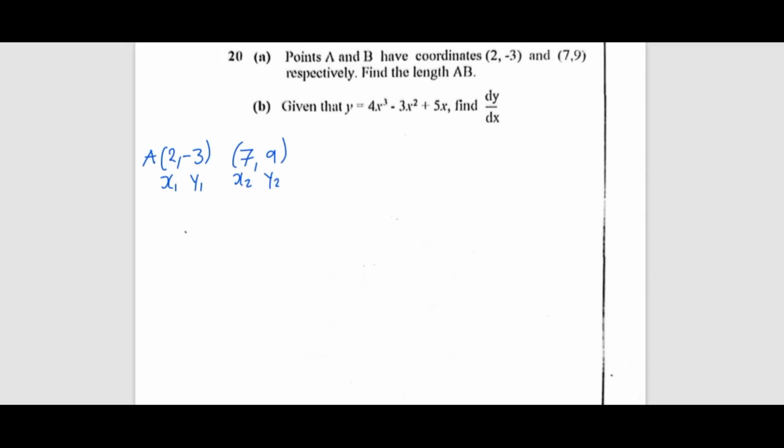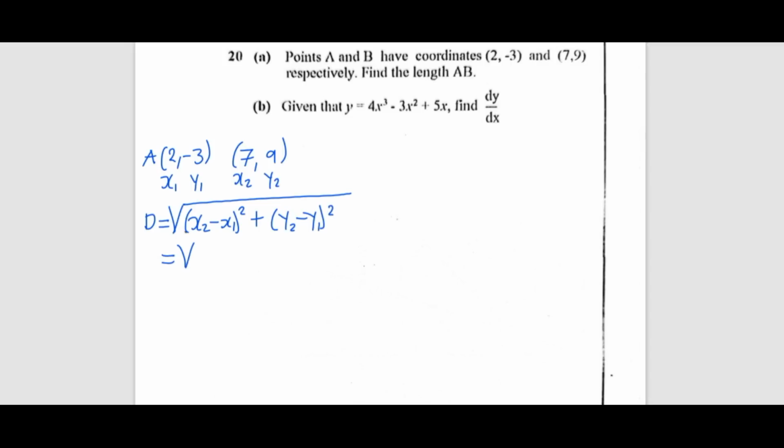Now for the length, the formula is distance is equal to the square root of (x2 minus x1) squared plus (y2 minus y1) squared.